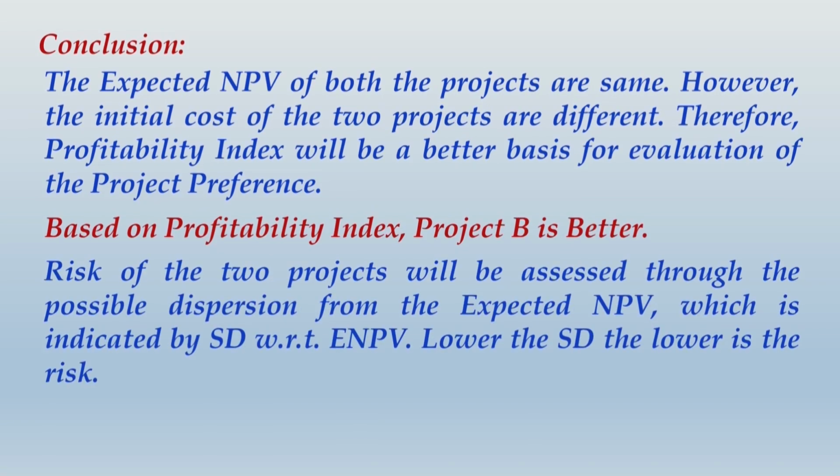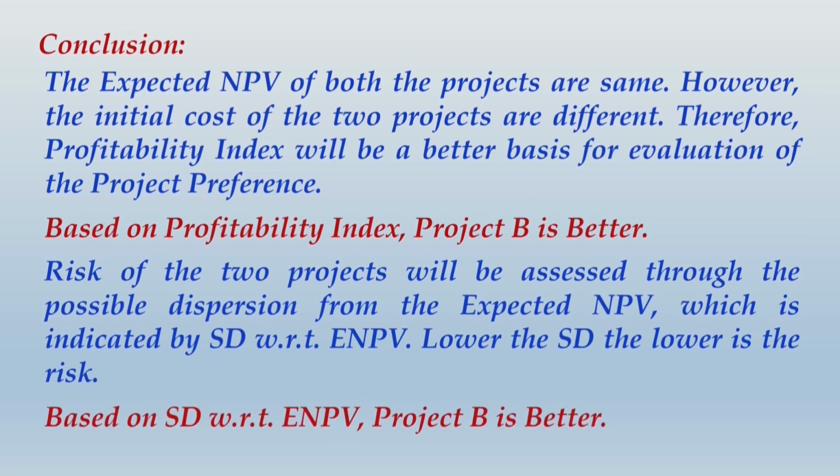Risk of the two projects will be assessed through possible dispersion from the expected NPV, which is indicated by standard deviation with respect to expected NPV. The lower the SD, the lower is the risk. So based on standard deviation with respect to NPV, project B is better. So please write up this entire conclusion, and that will be the end of this solution.